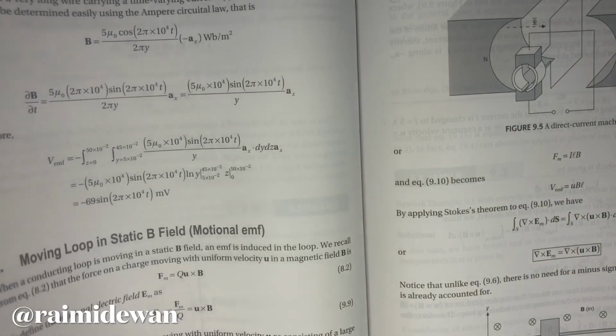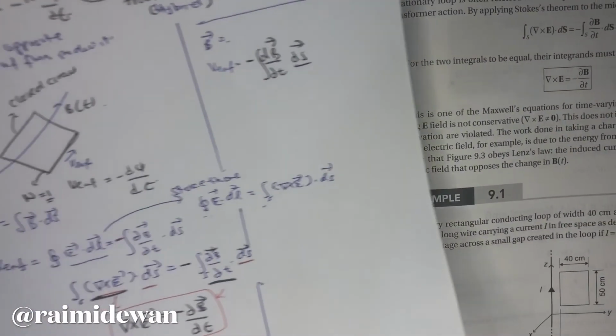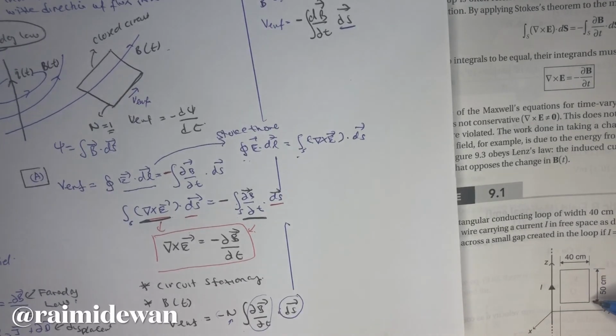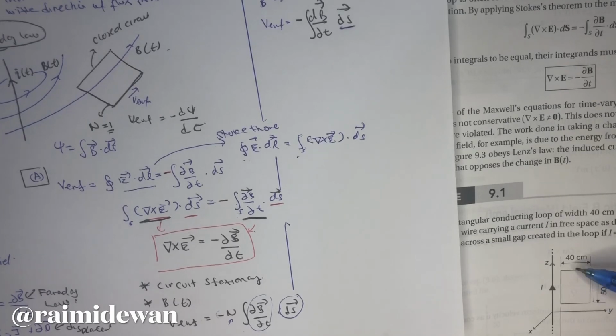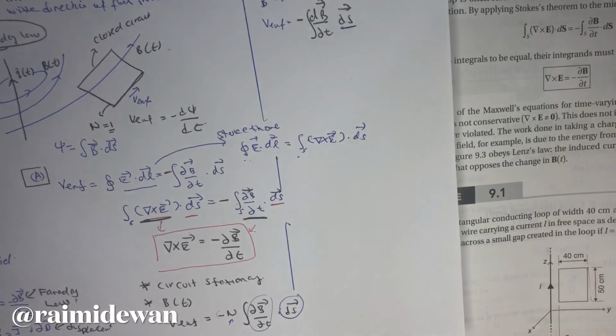You can see this one is in y, this one is in z, and this one is in y. So you need to take a vector normal to it, which is in your x direction, and this one is dy dz.